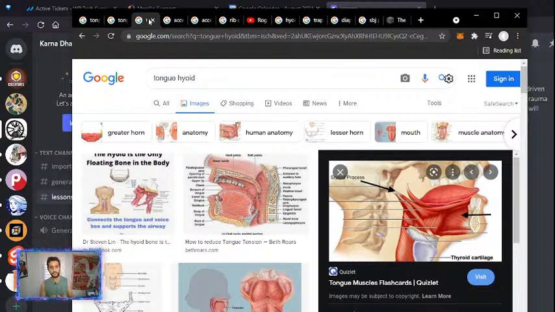Okay, let's try it. I actually didn't want to try it on this live stream, but let's try it because I haven't tried teaching this to anyone before. So, if you can feel where your hyoid is, and you can feel the fact that that's where your tongue starts. And now, with your mouth closed, this is going to be weird for me because I have to talk.